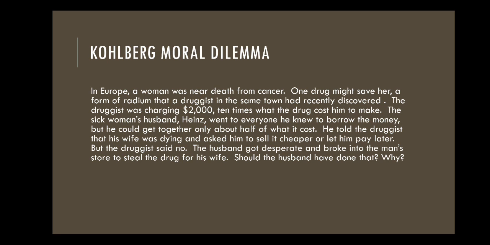He told the druggist that his wife was dying and asked him to sell it cheaper or let him pay later. But the druggist said no. The husband got desperate and broke into the man's store to steal the drug for his wife. Should the husband have done that? Why? Okay, what do you think?